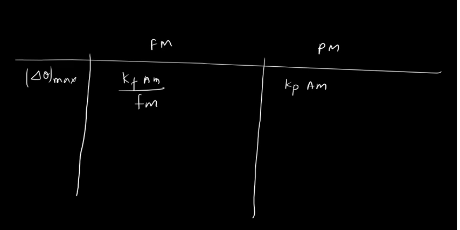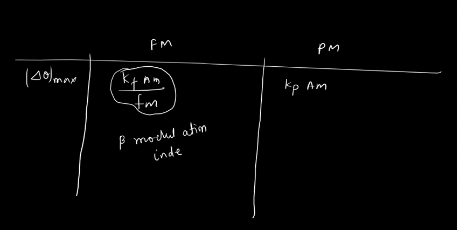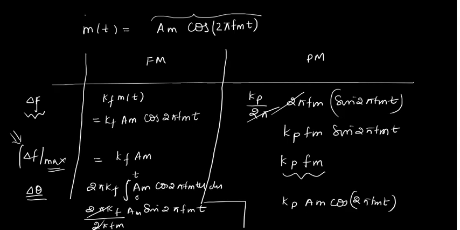This quantity is also known as modulation index. The max phase deviation is also known as modulation index, and modulation index is only defined when your message signal is of sinusoidal type.